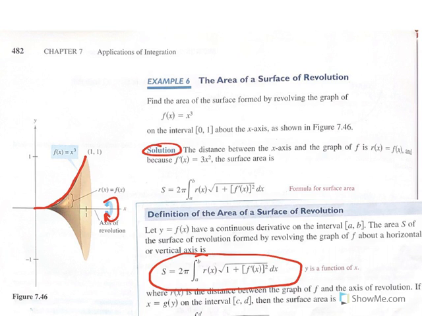So notice that when you look at the solution here, it says the distance between the x-axis and the graph of f is given by r of x. R of x in this definition is telling you the distance from the axis of revolution to a point on the graph. So what is that distance?